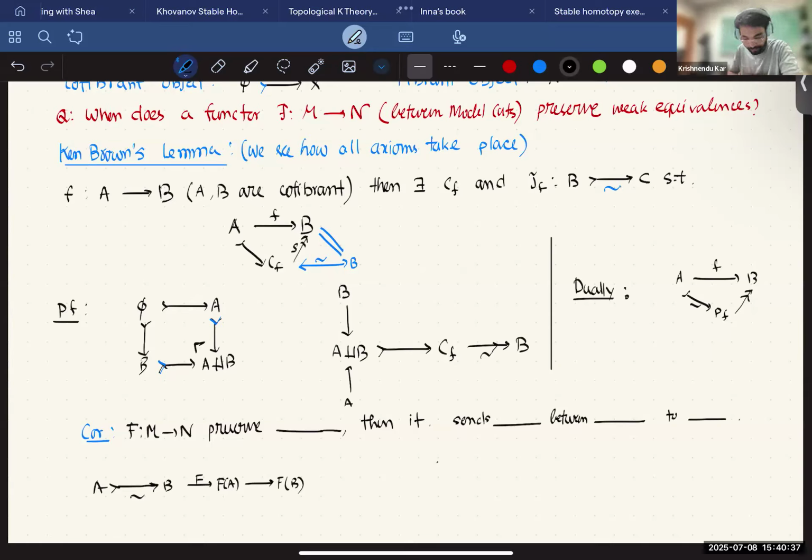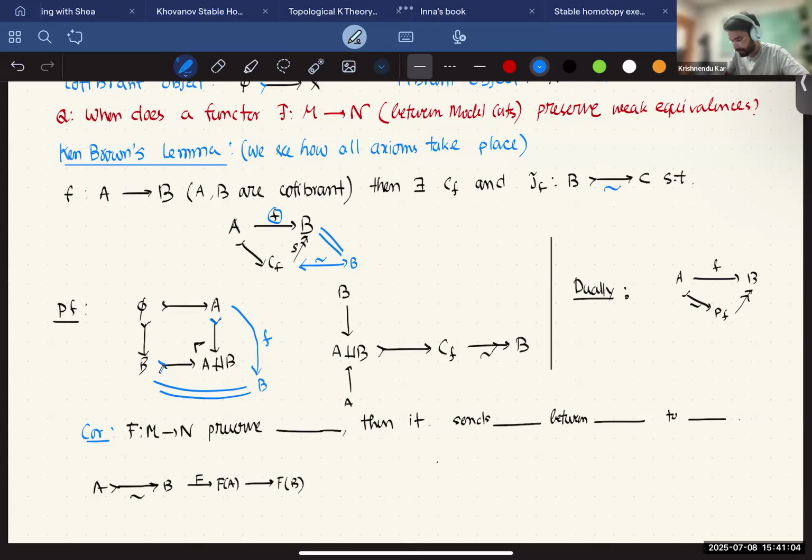Now, this is a pushout diagram. That means that if I look at this map P here, this is your identity on B, and the map A to B is your F. It goes in here.